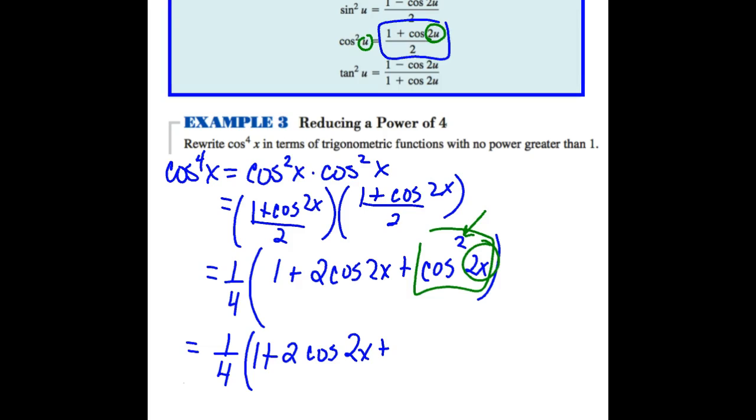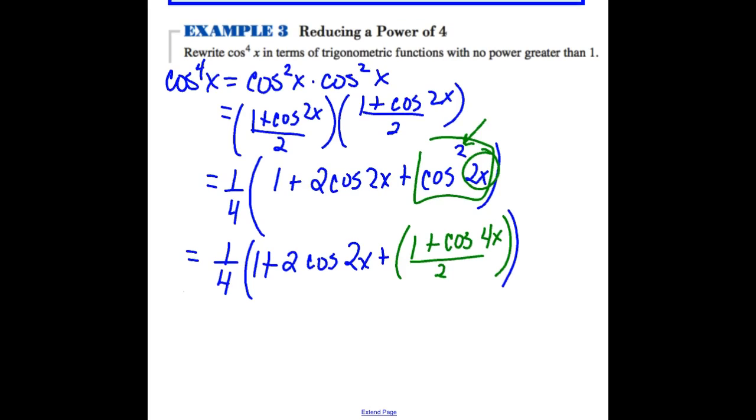So it's going to become 1 plus cosine of 4x over 2. I want you to take a minute and really think through what I just did there, because you're going to see that pop up a lot. When you take something that was being squared and try to reduce its power, in that formula, the angle has to be doubled. Okay?